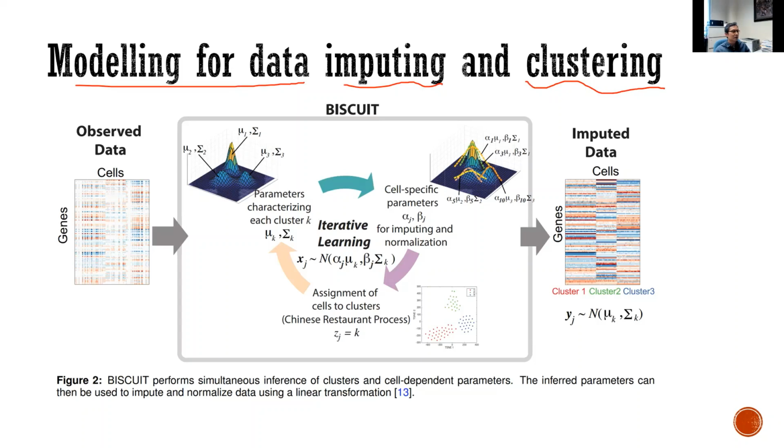What that means is you have to learn from this matrix, and for each cell, you want to find the statistical description of the gene expression across genes. If you assume there are 3 clusters, then you will have to use 3 sets of modeling parameters to define them. Then you group cells into different clusters.